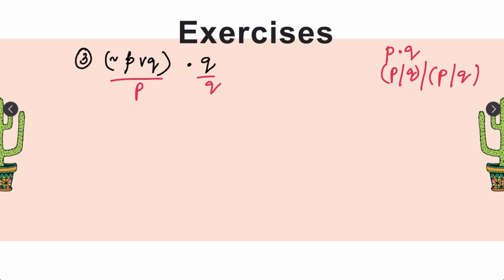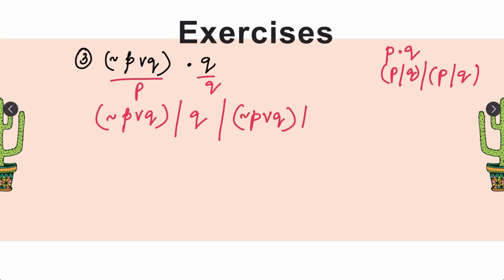So you'll simply write negation of (p wedge q) stroke q. So this whole as p, and then q stroke, again this as p, that is negation of (p wedge q) stroke q. So again let's write the formula for wedge once. The formula for p wedge q is p stroke q stroke q.